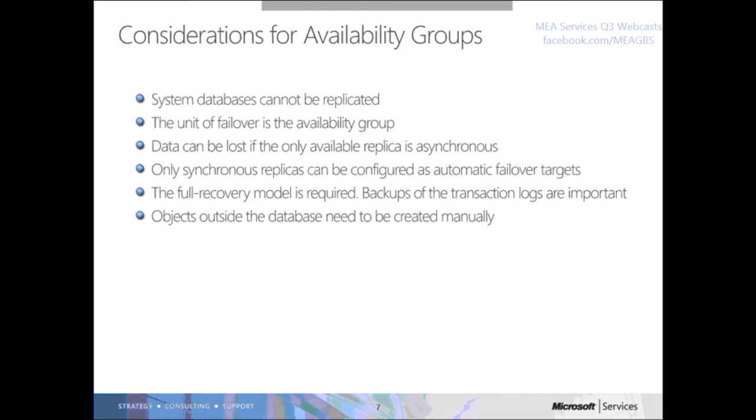If an asynchronous mechanism is used for AlwaysOn, there could be a possibility of data loss, so that's something you need to remember. Of course, we need a full recovery model. Backups of transaction logs are also important, and any objects outside of the AlwaysOn group, for example any jobs and things like that, need to be manually created on the replication partners as well.